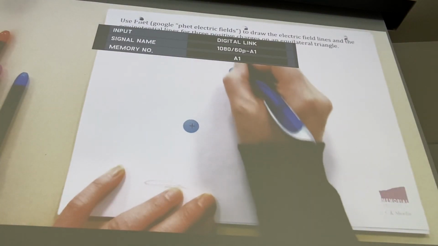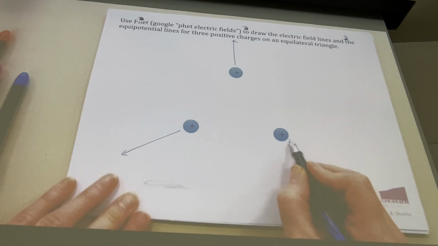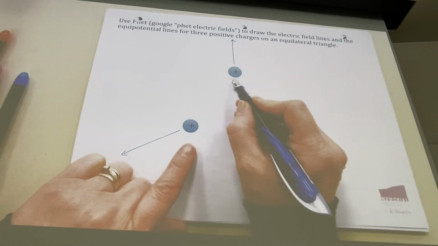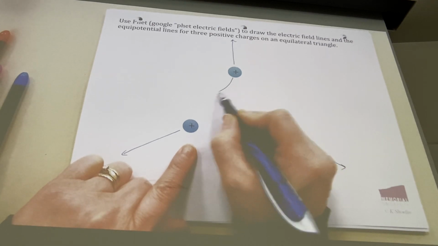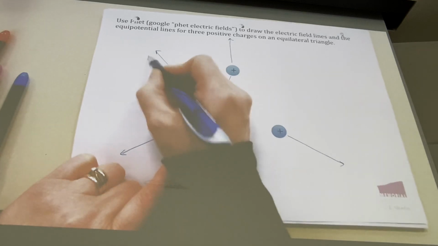So our electric field lines, I'm going to do the easy ones first. These will point straight out. And then down here, these are probably a little bit harder. They come kind of like this, kind of like this.